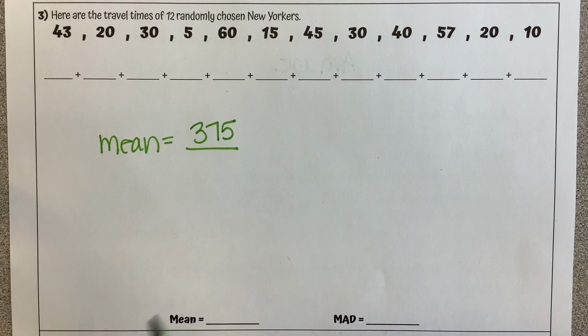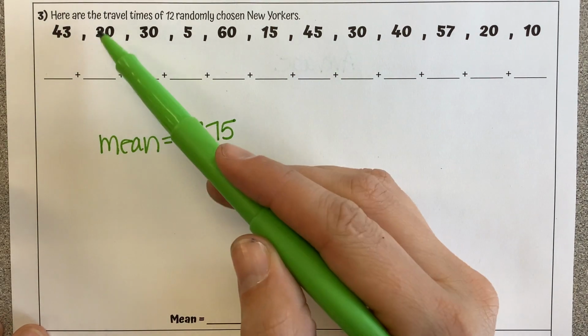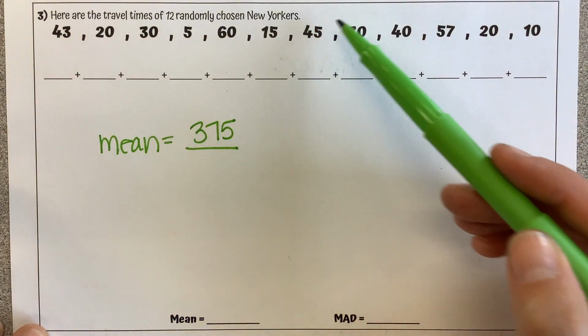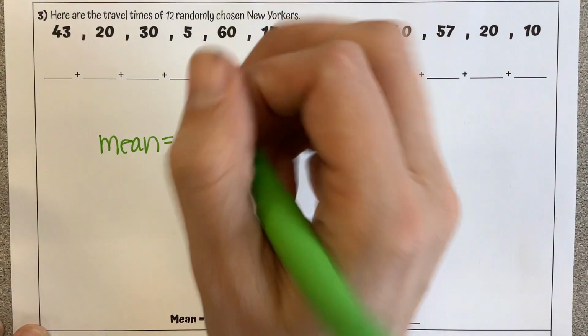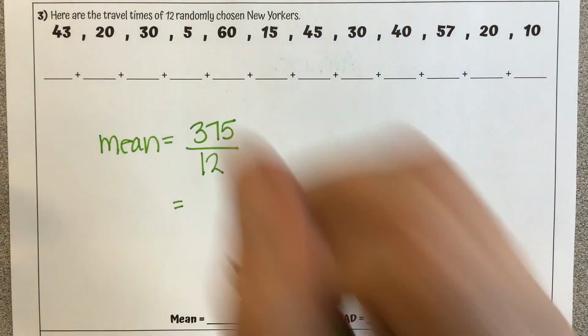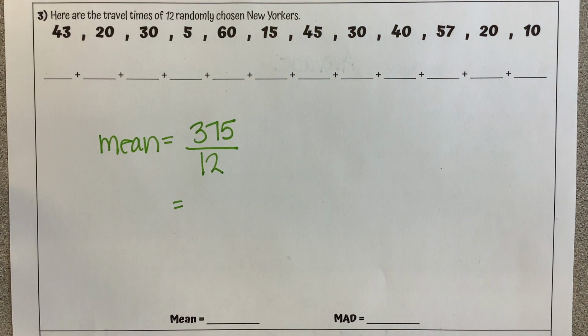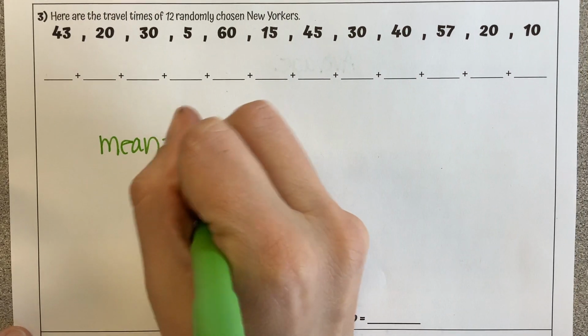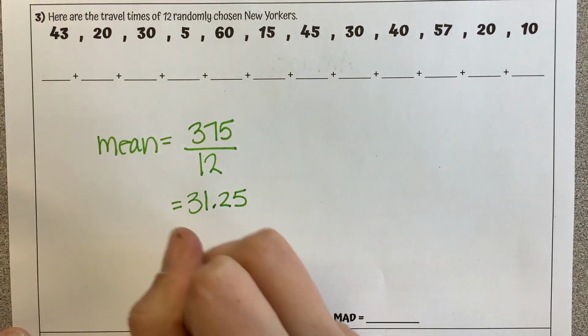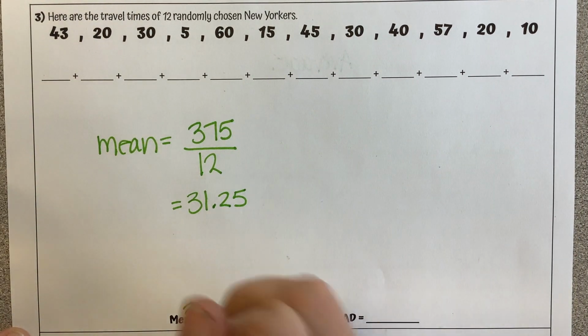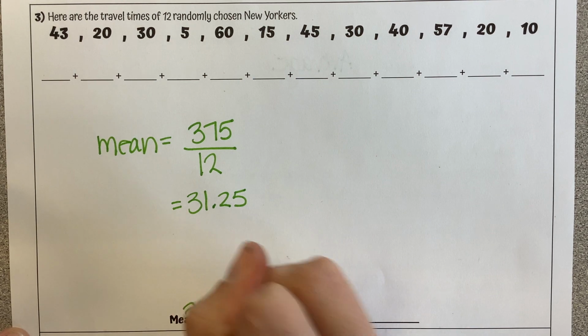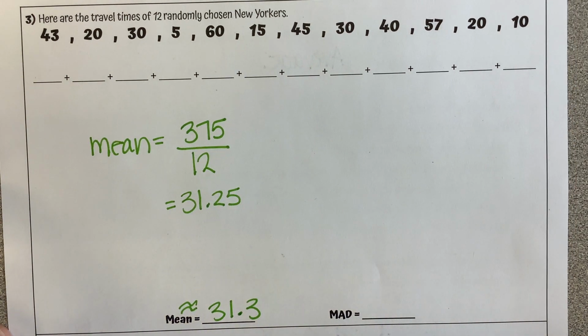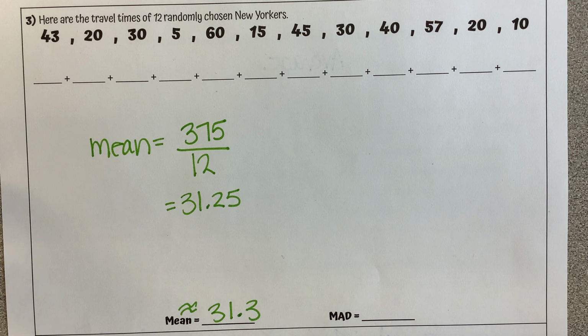They said 12 New Yorkers, but I'm going to double check. 1, 2, 3, 4, 5, 6, 7, 8, 9, 10, 11, 12. When I divide that, I get 31.25, but remember we want to round to the nearest tenth, so that's going to become 31.3, and that's the value we're going to use when we find our distances.